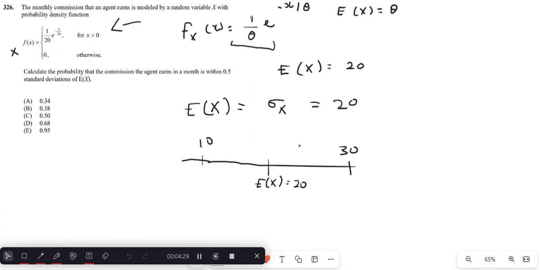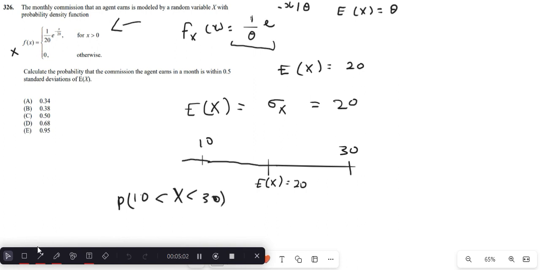So in other words, they want us to find the probability that X, the commission the agent receives, is between 10 and 30.